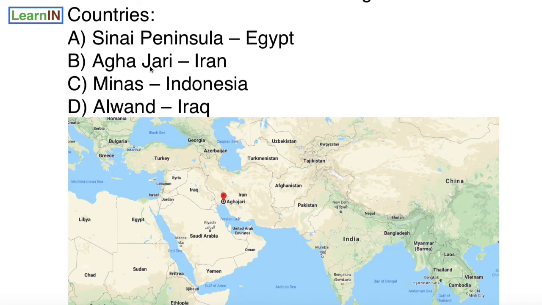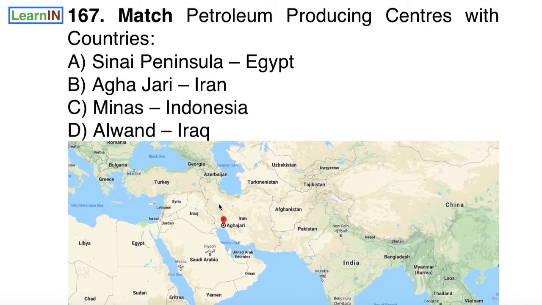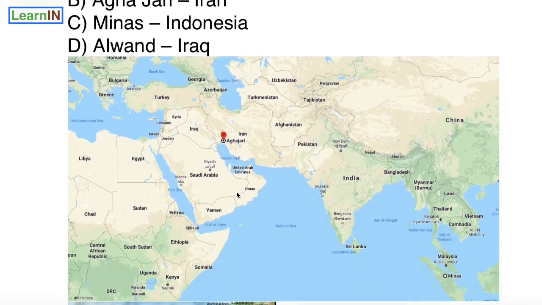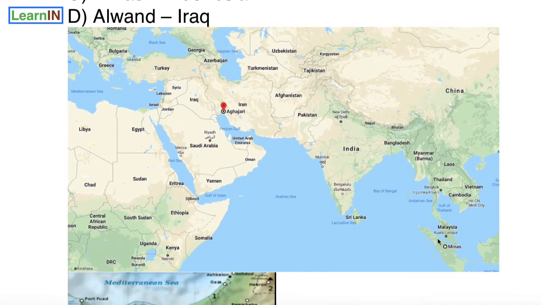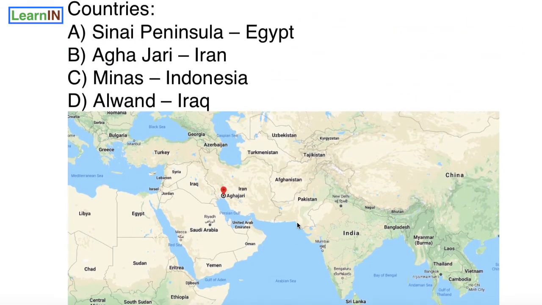And Agha Jari is in Iran. See here, this red mark shows Agha Jari. This is also a petroleum producing center in Iran. And Minas is in Indonesia. See here, this Sumatra part of Indonesia, here Minas is an oil producing, petroleum producing area.